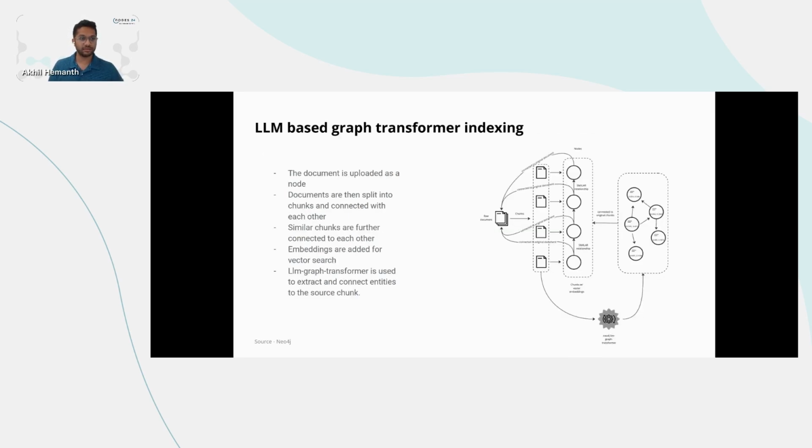And lastly, the LLM-based graph transformer indexing, wherein you take the document, divide it into chunks, and these chunks are saved as nodes, which are then connected with the similarity relationship. And that is just one layer. But there's another layer where the chunks are sent through the graph transformer with the help of LLMs to create entities and relationships, which are then connected to the nodes from the first level.